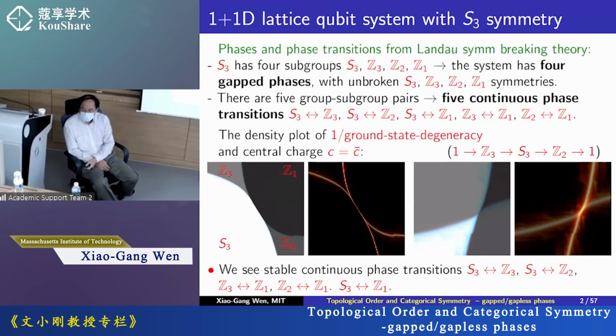But this is just a one-dimensional system. Just by looking at the divergence of correlation lengths, can you discriminate different phase transitions? Yes, you can. How? What's the characteristic? There's the scaling dimension. When you have an operator near the critical point, it has algebraic correlation, and there's a scaling dimension.